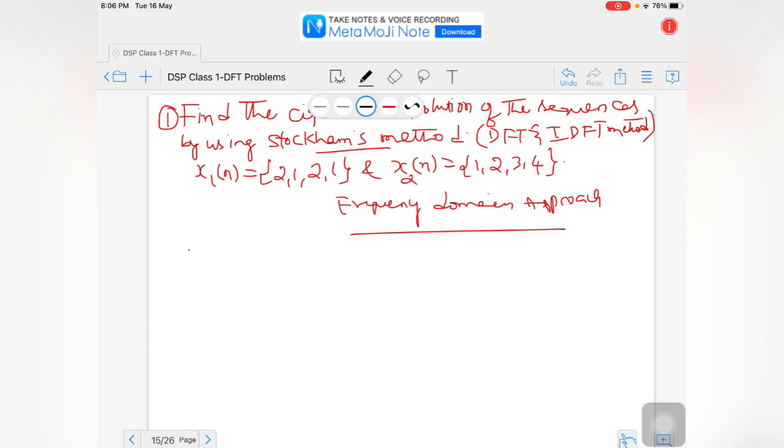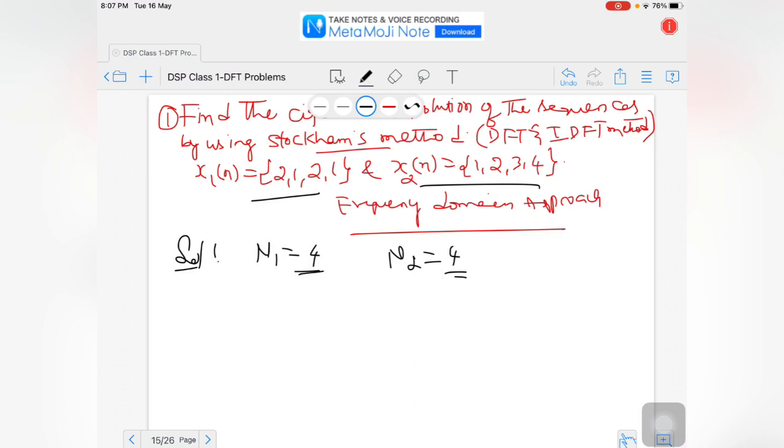So let us start our problem. x1 of n is 2, 1, 2, 1, so the length n1 is 4, and the length of x2 of n, n2, is also 4. Both lengths match, so there is no need to append any zeros.